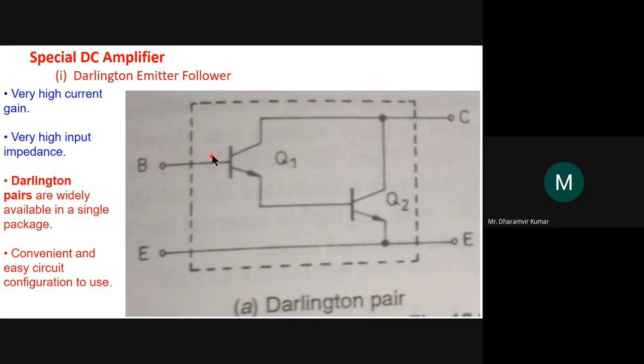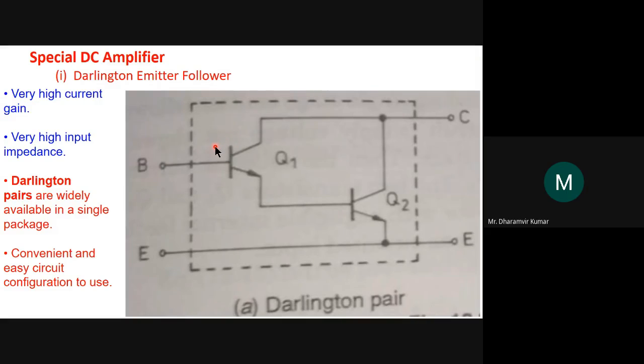This is the base collector junction, and this is the base emitter junction. If you look from the input side, we know that the base emitter junction should be forward biased and the base collector junction should be reverse biased.